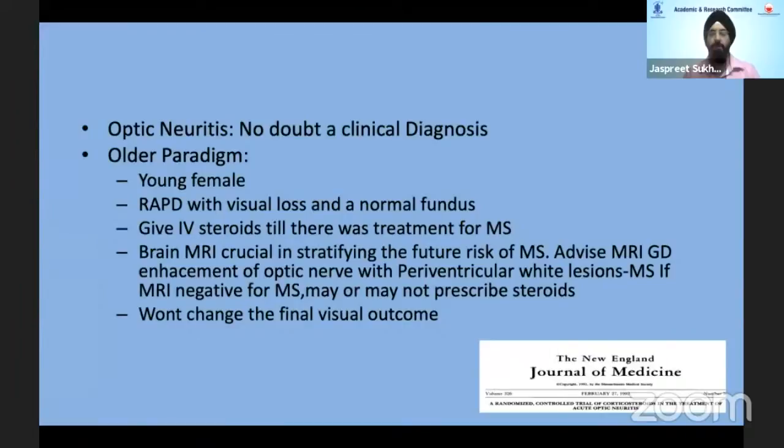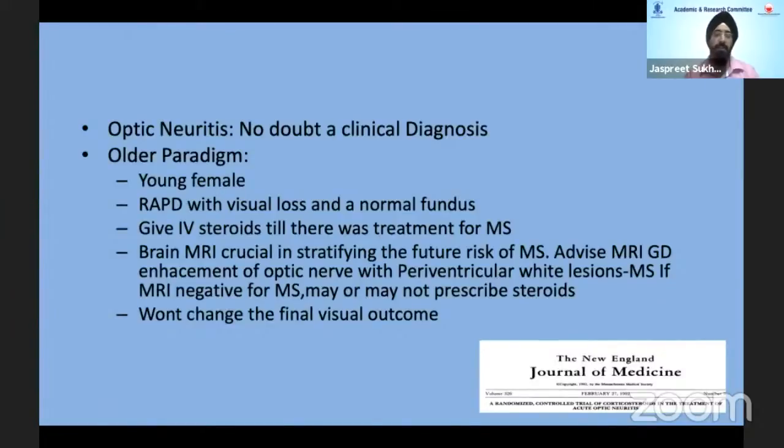Yeah, so optic neuritis is no doubt a clinical diagnosis. For making a diagnosis, you really don't require any imaging. But what happens next? The older paradigm was you have a young female with RAPD, visual loss and a normal fundus. You give IV steroids, and that was it.